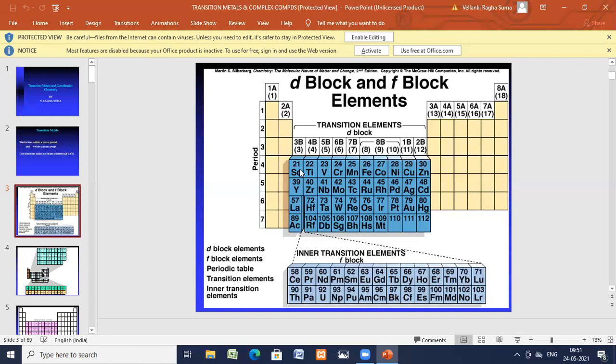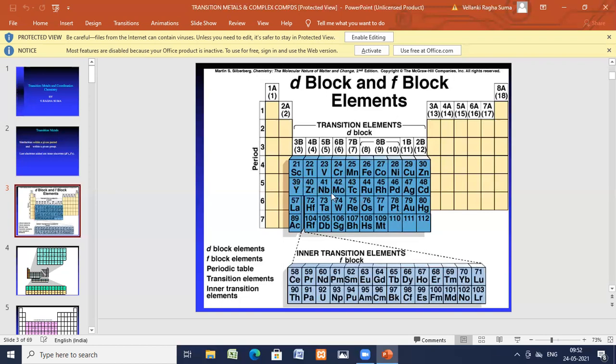They have different color properties. They form complex compounds. They act as good catalysts. They show different magnetic behavior. For example, iron, cobalt, and nickel are ferromagnetic. Copper is diamagnetic, and platinum is temperature independent paramagnetic.